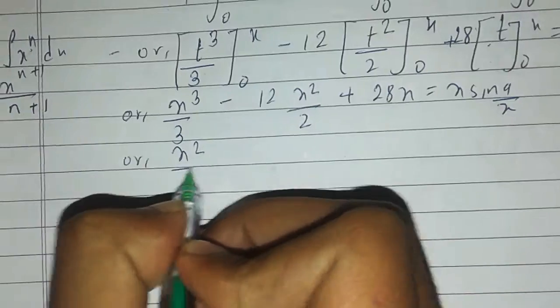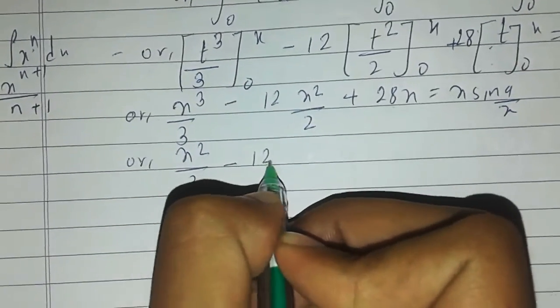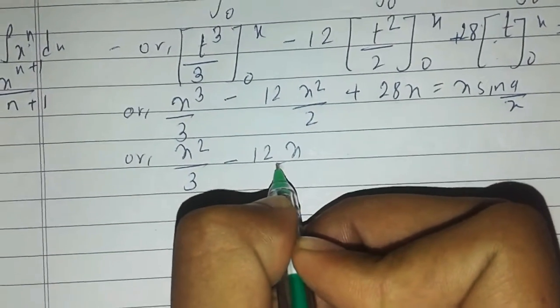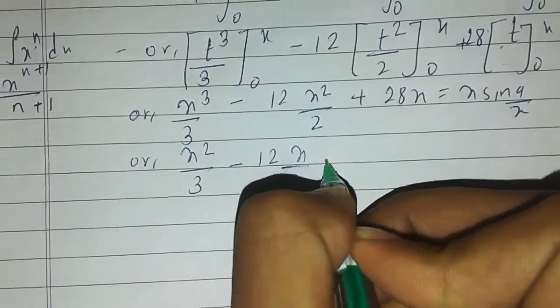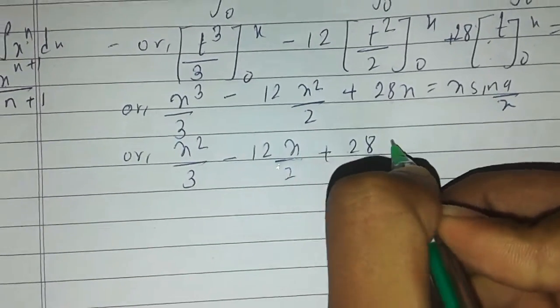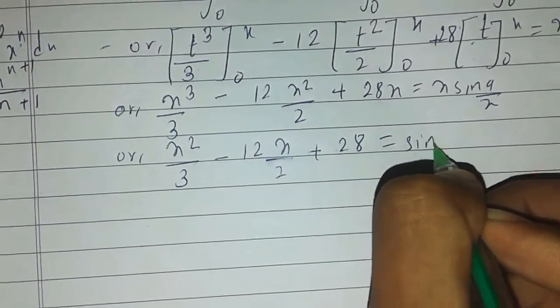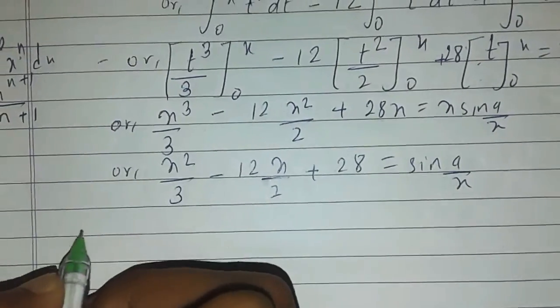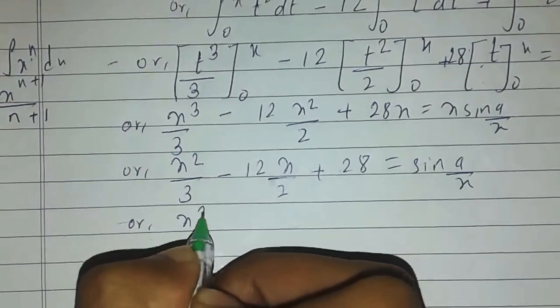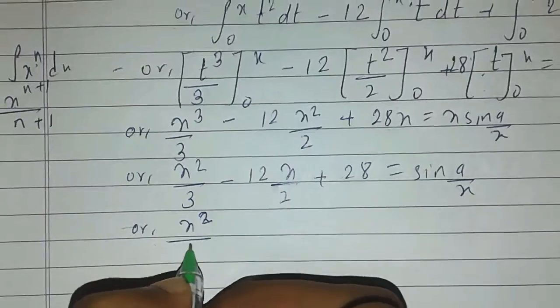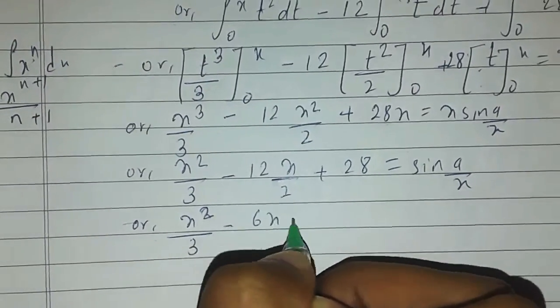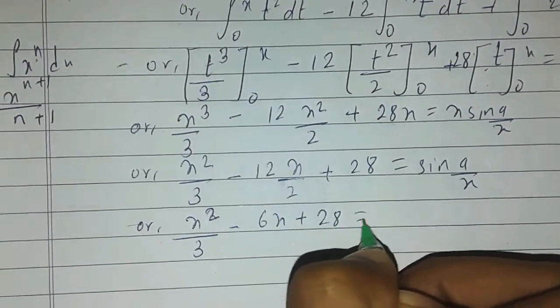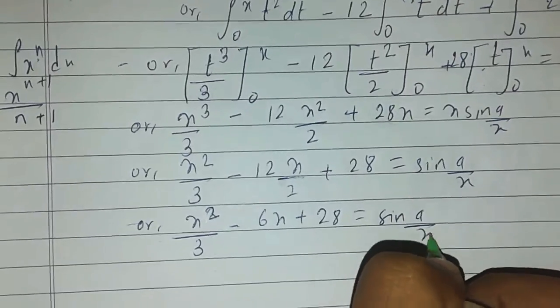It will be x square by 3 minus 12 x upon 2, which is 6x, plus 28 is equal to sine a upon x. So, x square upon 3 minus 6x plus 28 is equal to sine a upon x.